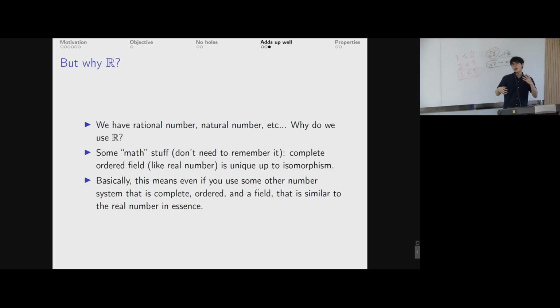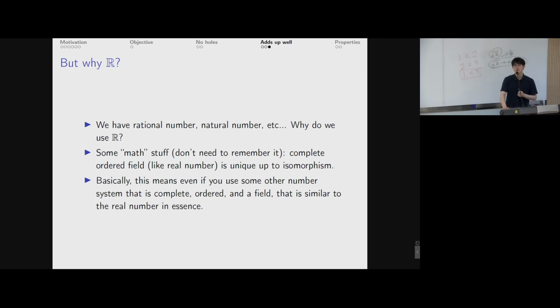When we're dealing with limits, it's a lot better if you just deal with these numbers in the real number system, because remember that rational numbers have holes, so there are situations where some sequences do not converge in rational numbers, while in the real number system, they converge very well. So when we're dealing with properties like limits, which I'll talk about in the next few sessions, it's a lot better if you deal with real numbers.